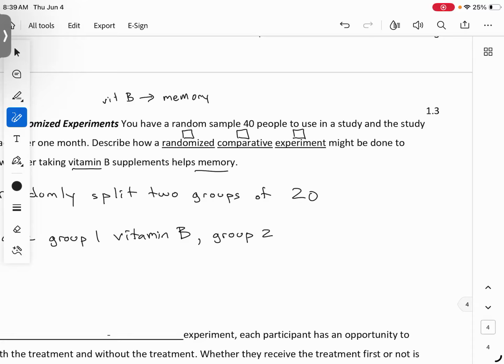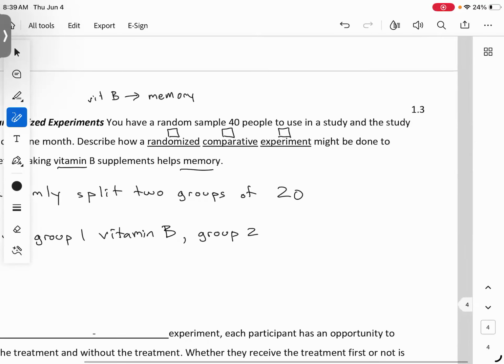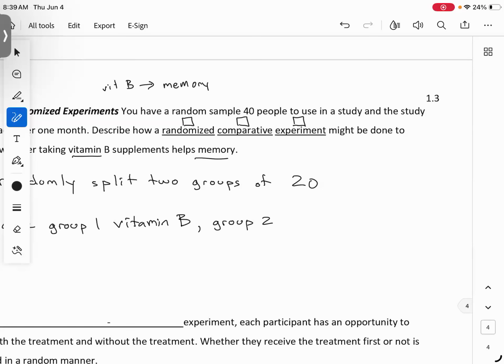Because this is a study where they're ingesting something, group 2 needs to get something to be ingested as well. That way, they still go through the same behavior as group 1. Sometimes even just getting a placebo can make people mentally think that they're getting some sort of benefit. So group 2 gets a placebo.